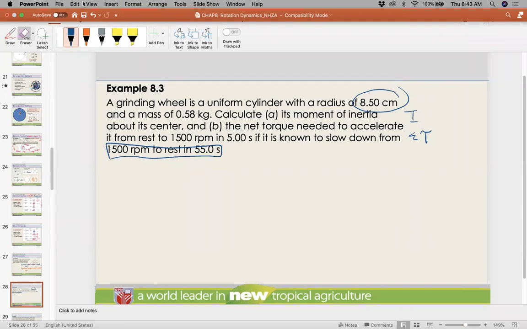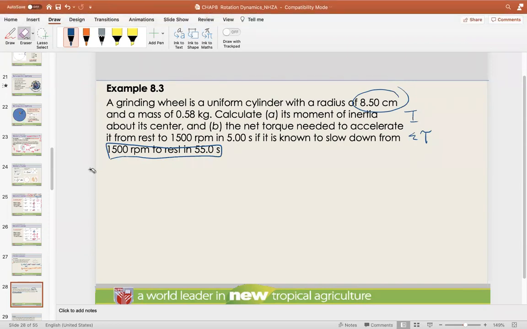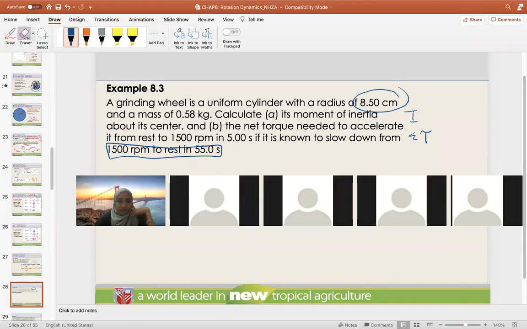Okay, saya nak excuse me. Saya nak tanya untuk I dululah sebab I senang. Excuse me, Ish, I need to mute. Okay, tanya siapa? Faiz, nak tanya Faiz lah.